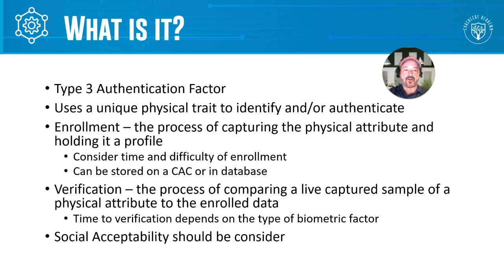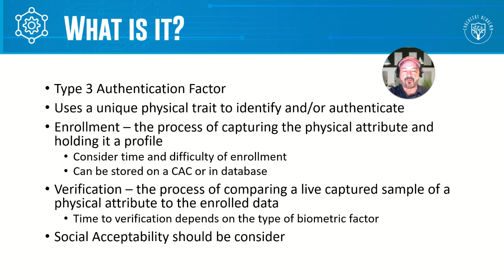Then the actual use of it involves verifying a live capture sample of that attribute and comparing it with the profile data. So you not only have to think about the difficulty of enrolling data, but the difficulty of verifying the data and other factors that come out of that, which we'll be talking about now. Another factor that should be considered is social acceptability.